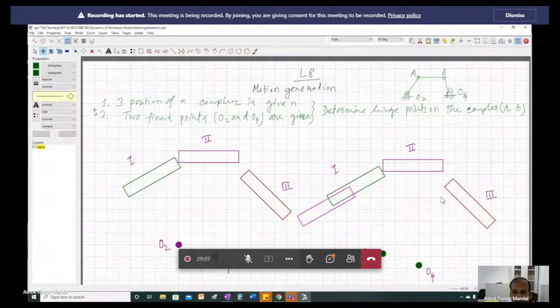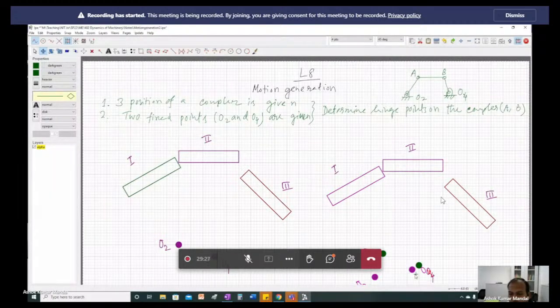So for our case, we have this option. I am just shifting it and placing it here. So now this position 2, I have merged it with position 1 here, and for that we have a new position for O2 and O4.